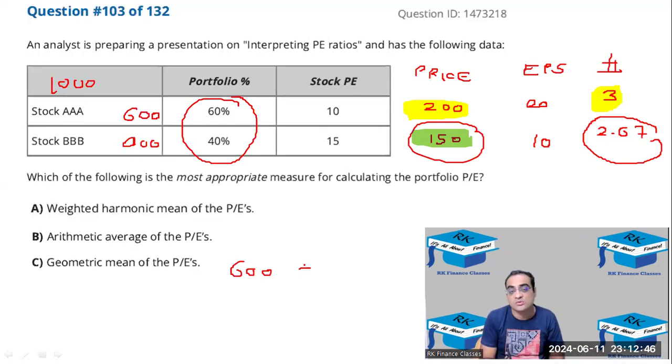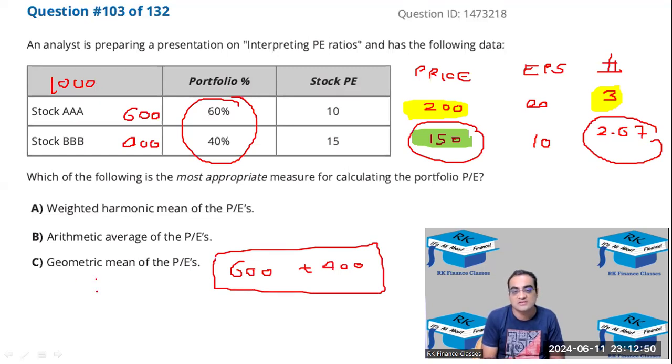So the total investment is 1,000. Now let's look at the earnings that we got.